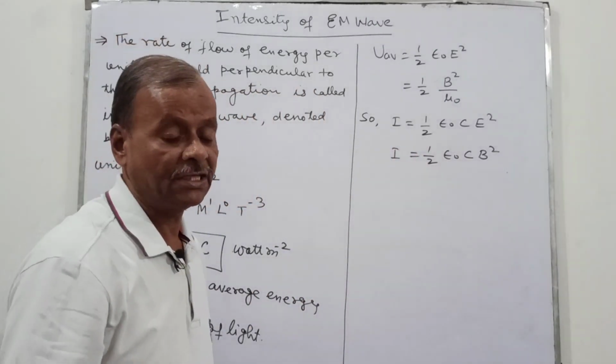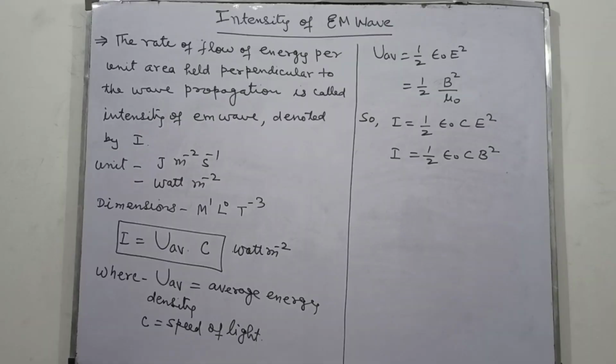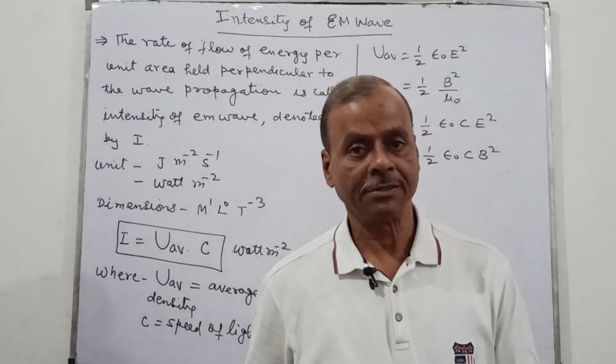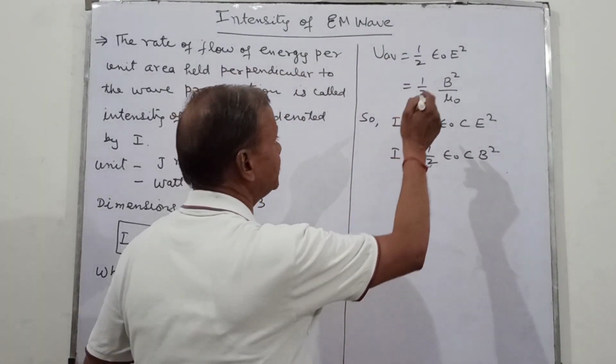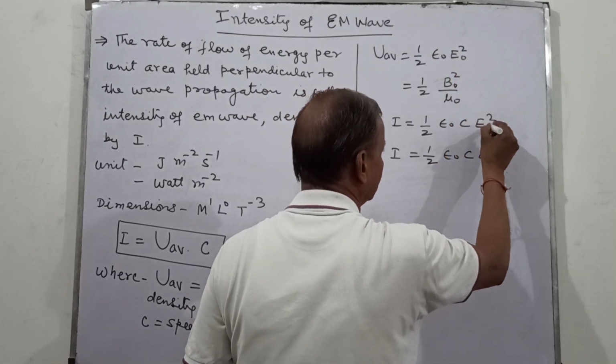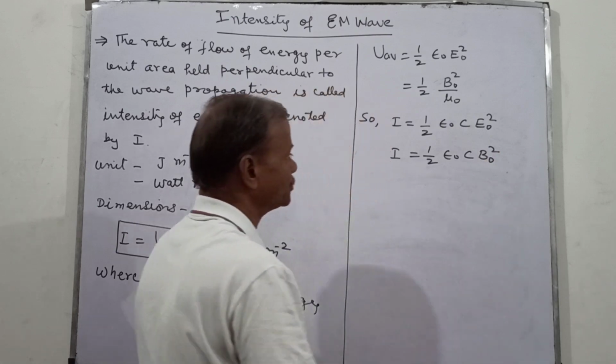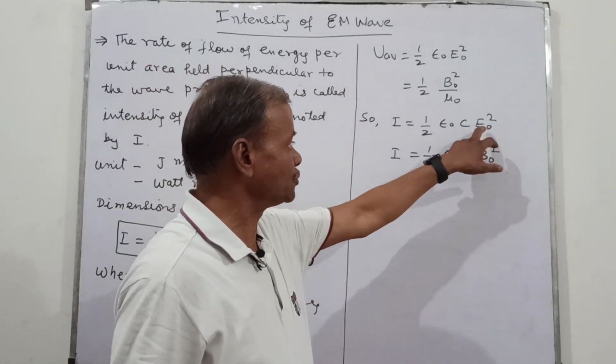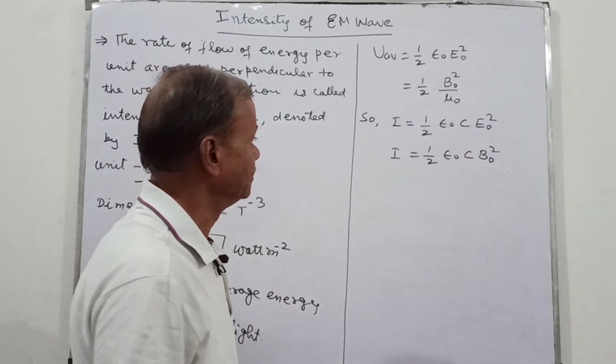That this intensity is directly proportional. Now here this average intensity that we take, this half epsilon naught E naught square, these are the amplitudes of the electric field and the magnetic field.